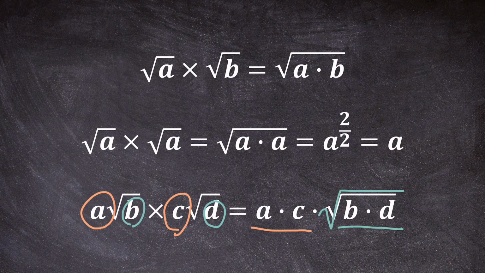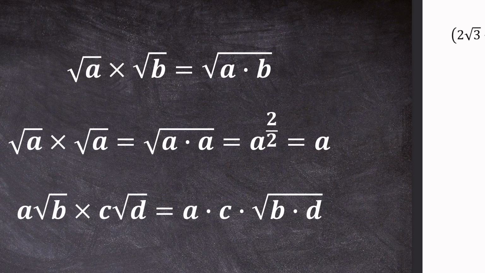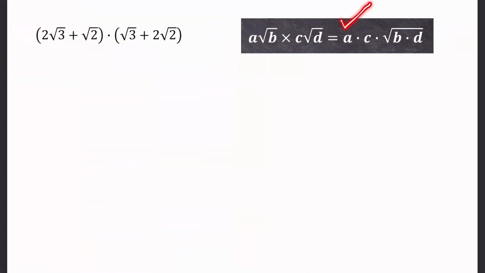So the numbers that are outside of the square root stay outside, while the numbers that are under the square root stay underneath the square root sign. It's as simple as that. So I'm gonna have this cheat sheet posted right here so that we can refer to this when we want to while tackling this question. So let's get started on solving this question.